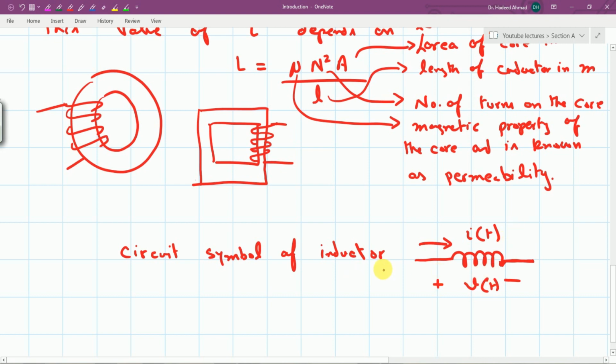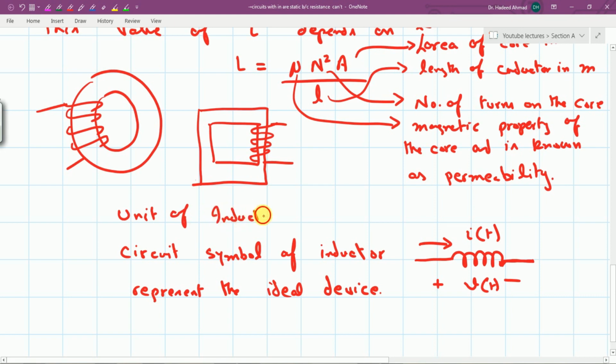This circuit symbol represents the ideal device, right. Also, the unit of inductance L is called Henry, which is named after a very famous physicist. It is usually written as Henry, and the symbol is H, right.